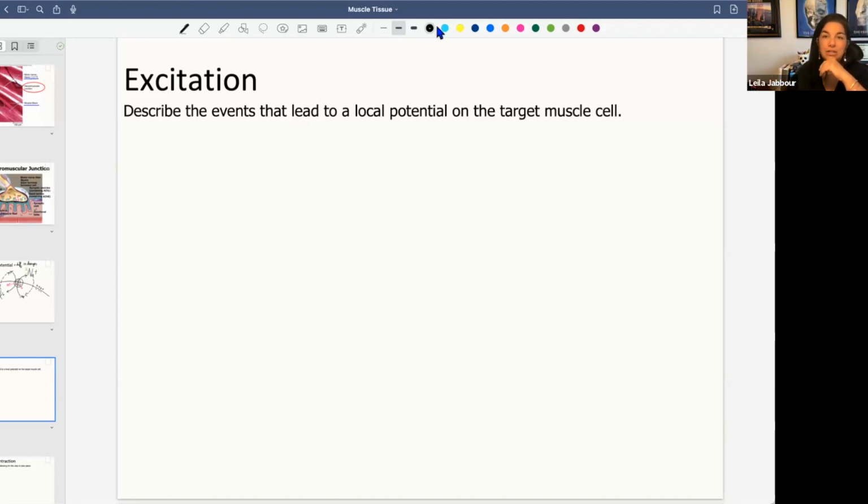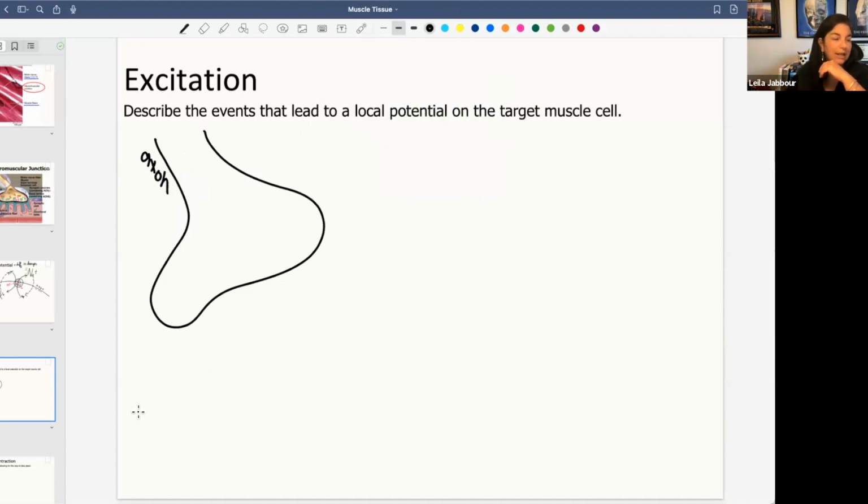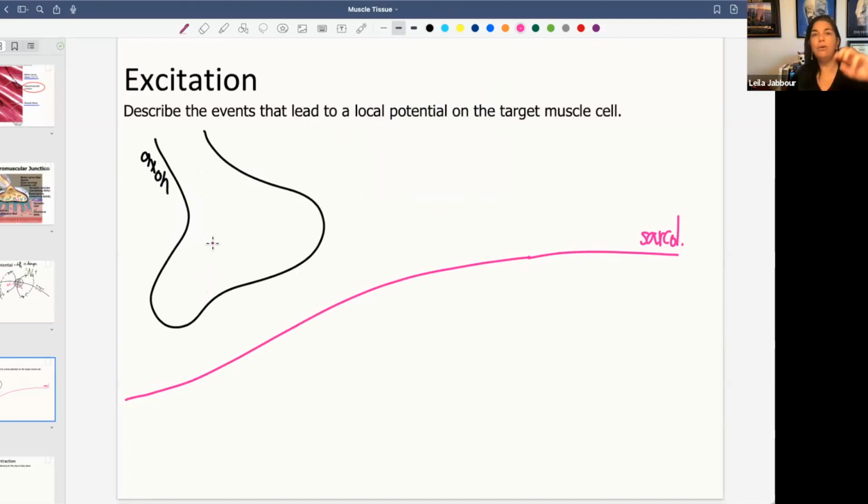So the excitation takes place when you have the axon terminal reaching a sarcolemma. So the sarcolemma over here in red. So this is the sarcolemma, and this is the axon terminal. This is the neuron, motor neuron, coming here to stimulate this particular muscle cell for contraction.